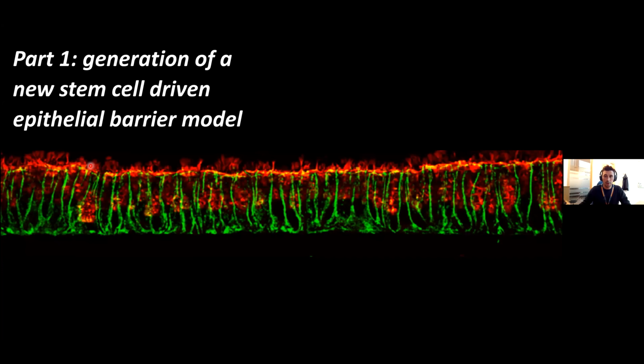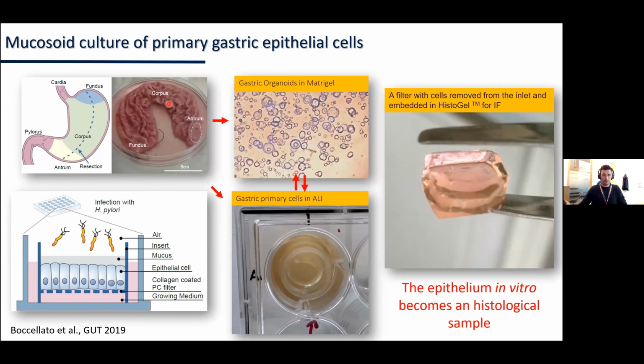We call this model the mucosoids culture because this culture model has most of the features of a real mucosa, including mucus production. So we developed these for the first time from the stomach. We start from sleeve resections of the stomach. These are obese patients that are undergoing reduction of the volume of the stomach.